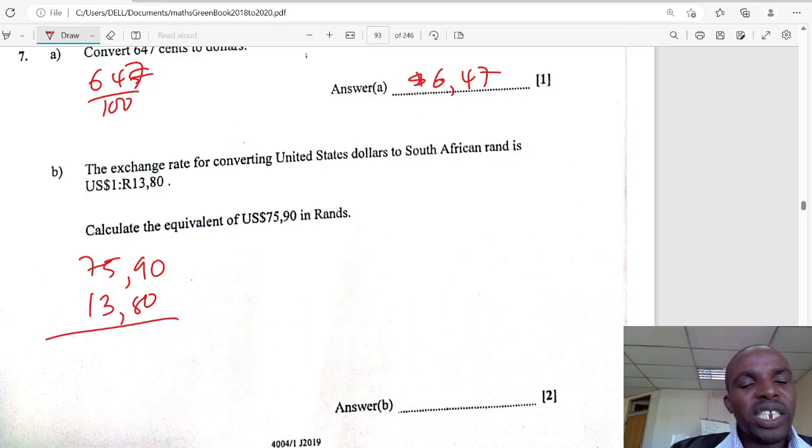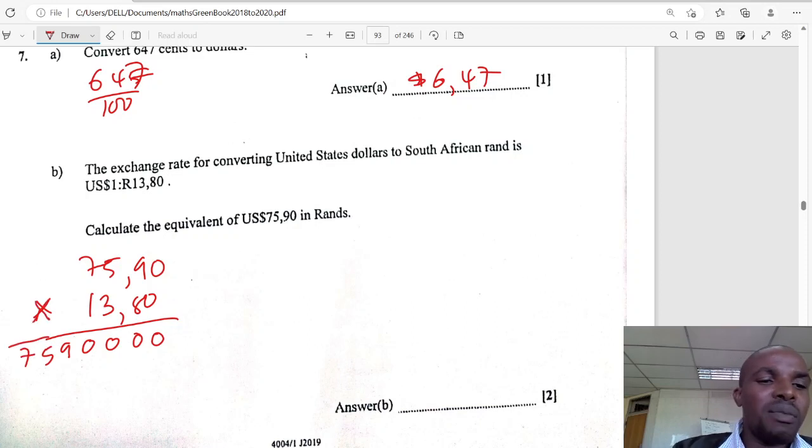What about these dollars? So you multiply the two numbers, because $1 is 13 rand 80. Let's multiply these two items. There are zeros here at the end, so let's put 0 here, then after that, you put placeholders. 1 times 0 is 0. 1 times 9, 9. 1 times 5, 5. 1 times 7, 7. That's how you multiply these numbers.